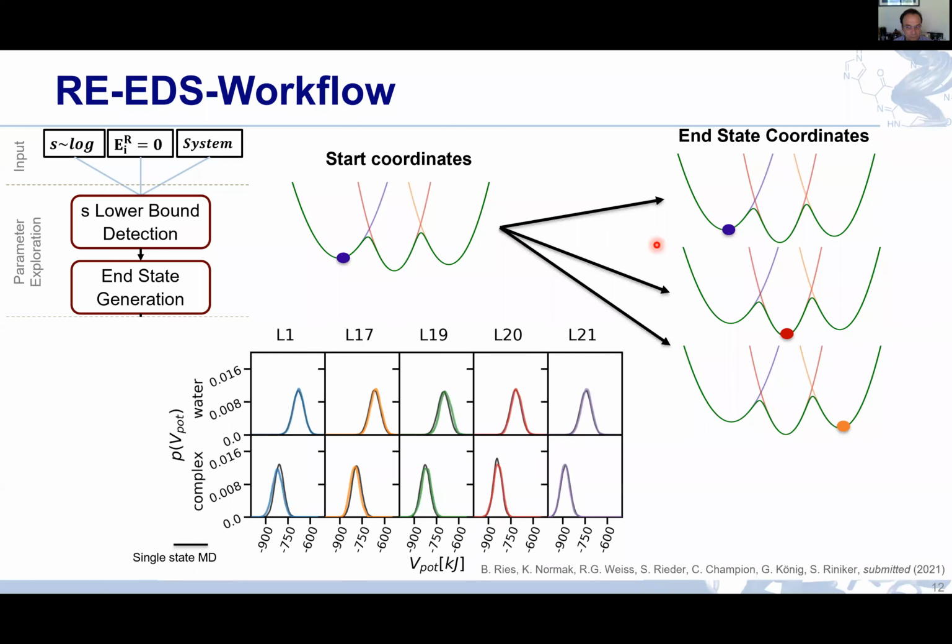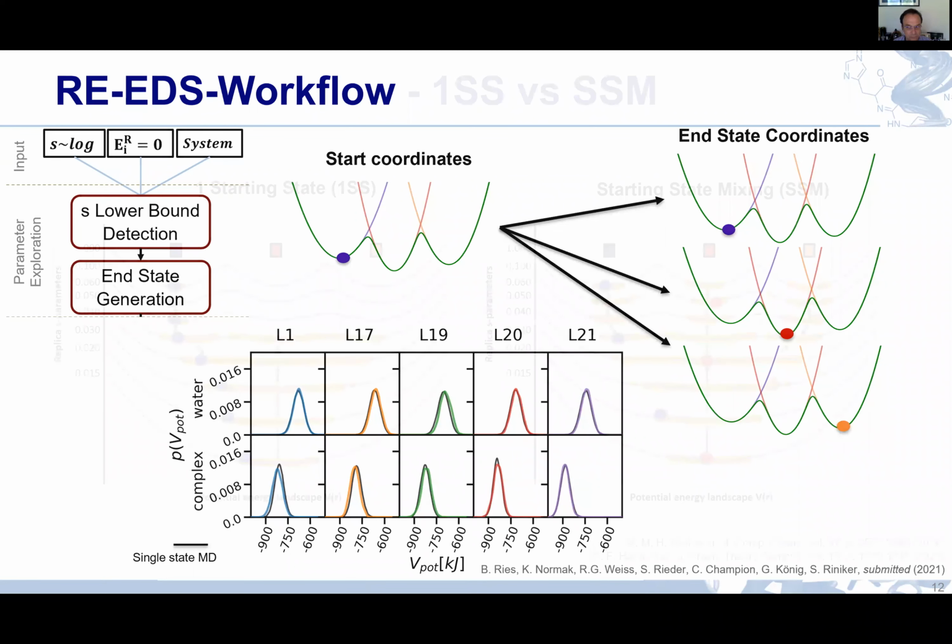And we can also show this from very short simulations, where in color are the potential energy distribution functions that are sampled during this approach for the desired ligand. And in black, we have a single state MD simulation, which shows that we are clearly in a similar energy distribution compared to the single state MD. And this is true for water and also for the complex.